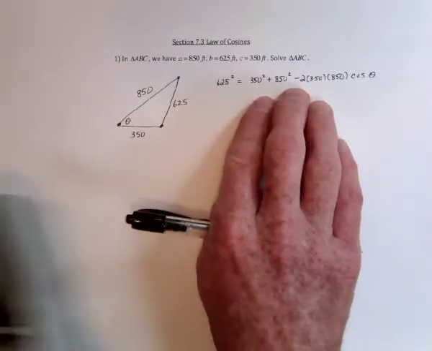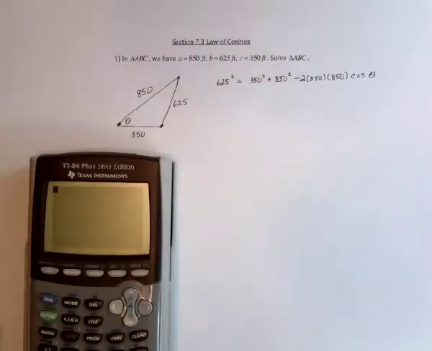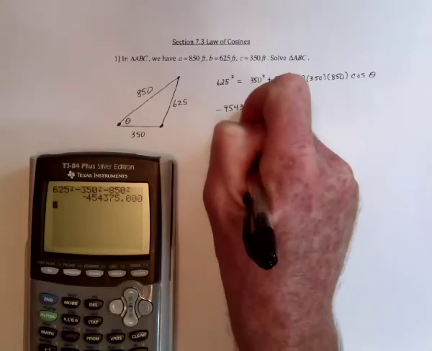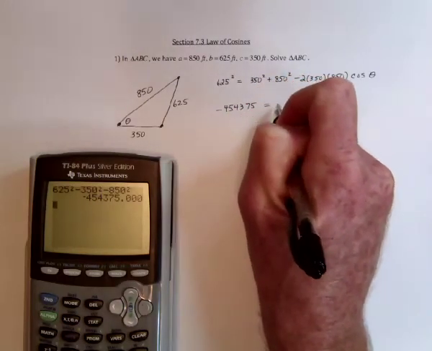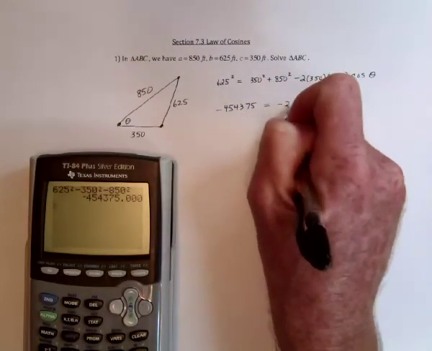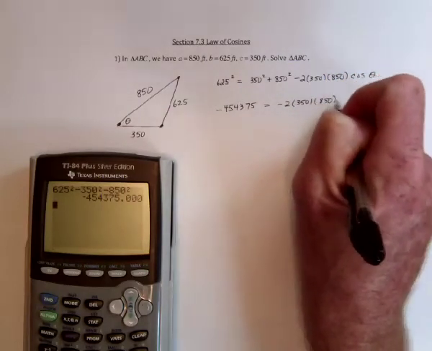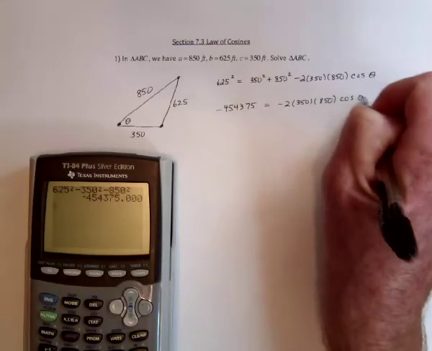So we've got a 625 squared, subtract a 350 squared, and subtract an 850 squared. It's negative all that stuff. Negative 454375 equals, and then negative 2 times 350 times 850 and cosine of theta.